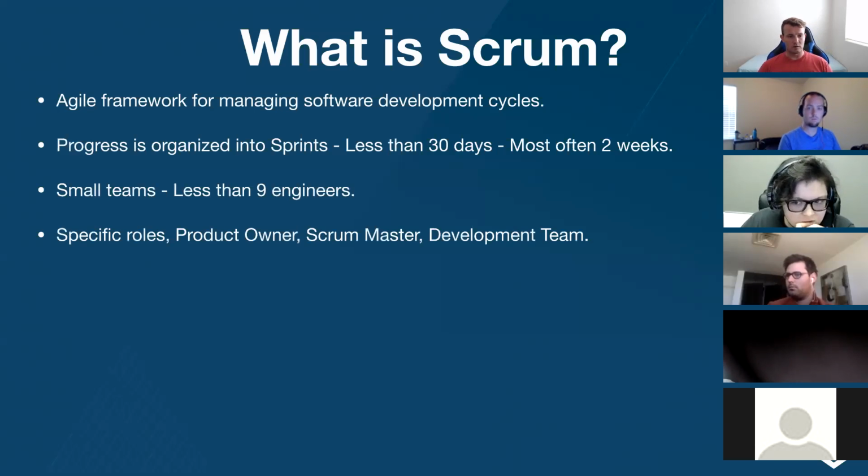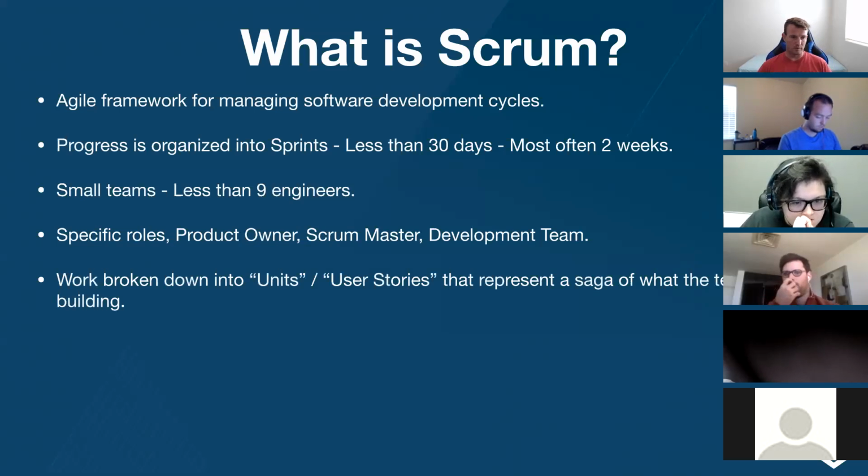There are specific roles within Scrum and Agile. There's the product owner, Scrum Master, and the development team. And we'll go over what those all do.